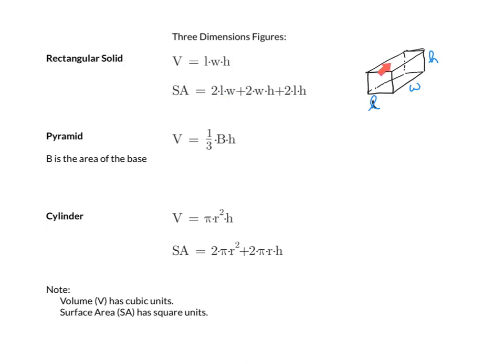We have our two sides. We have this one and this one. The measurements for those are W and H. And we have two rectangles that have an area of W times H. And the last one we have is the front and the back, which have measurements of L times H. Again, we have two of them, so we get 2 times L times H.